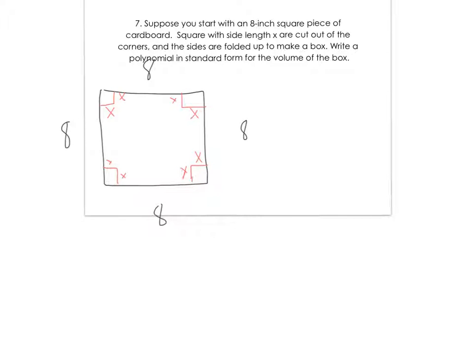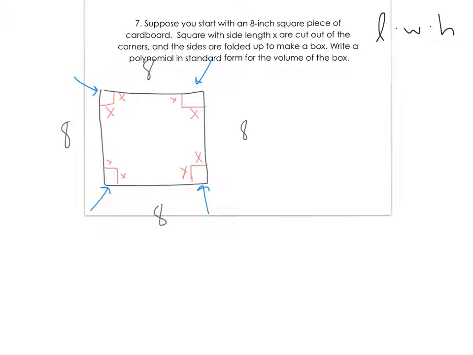So essentially, when I find the volume, I need to figure out the length, the width, and the height. This might be easier to see if you use an actual physical box to help you visualize what's happening here. But think about the corners are going to be folded up. So these corners right here eventually would be folded up.